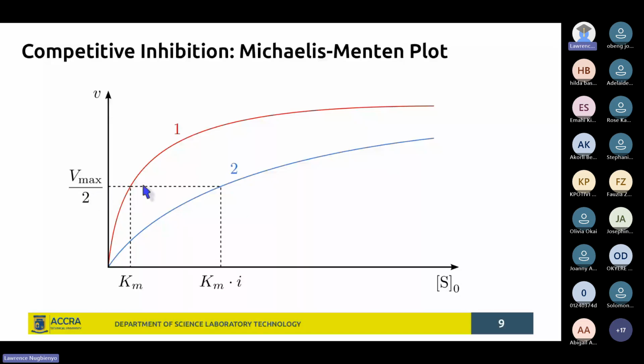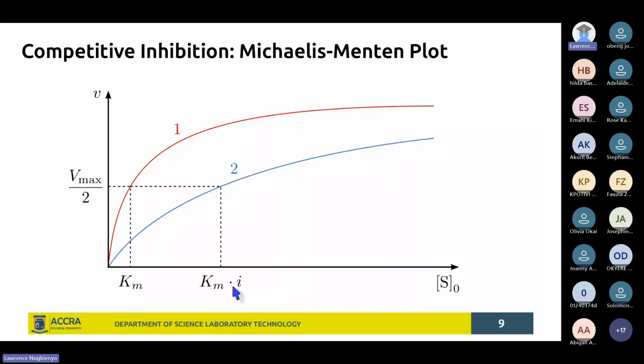Except that the concentration at which you reach that half of the maximum rate of reaction increases. So that becomes the apparent Michaelis-Menten constant, what you see here represented as Km,I, to represent the Michaelis-Menten constant for the inhibited reaction.